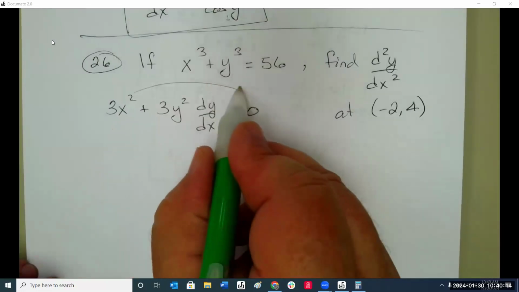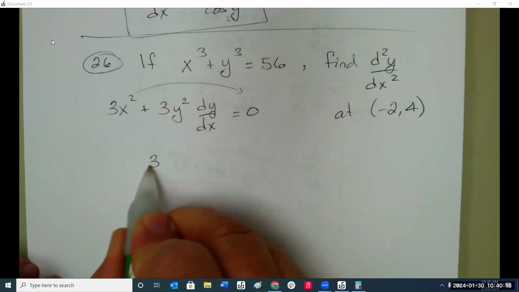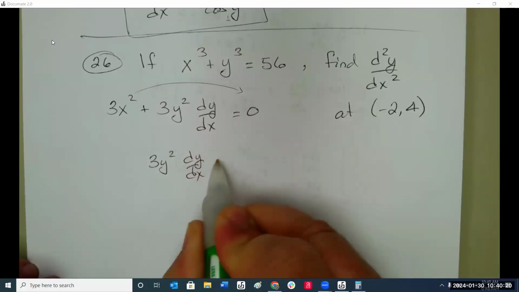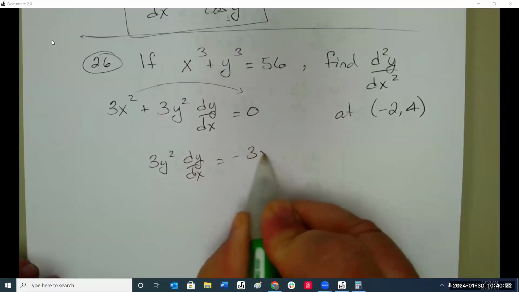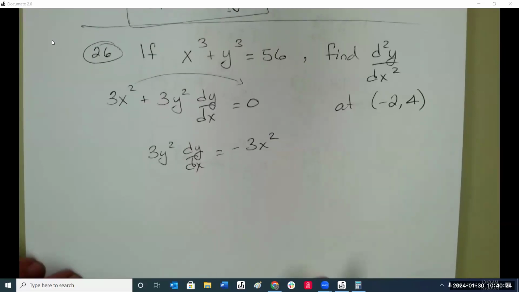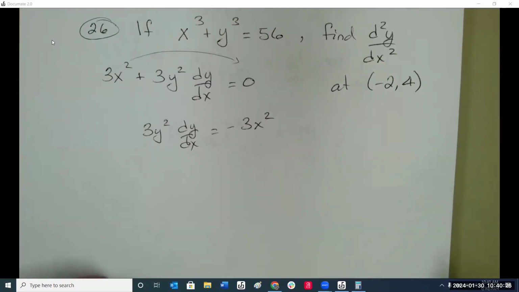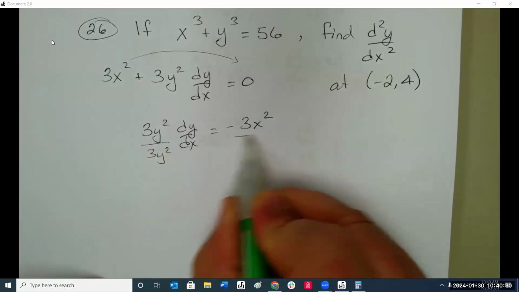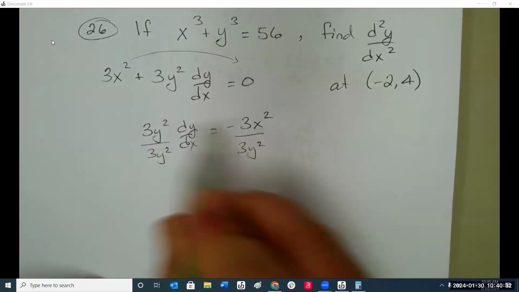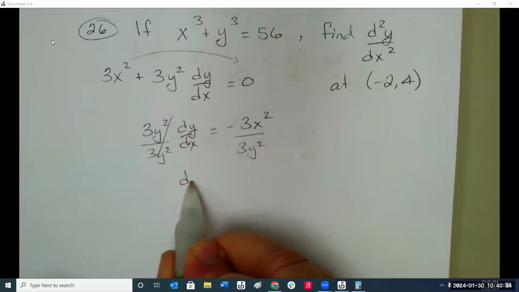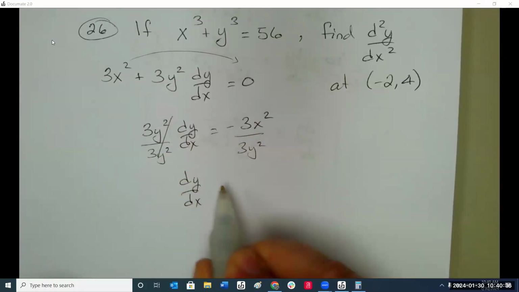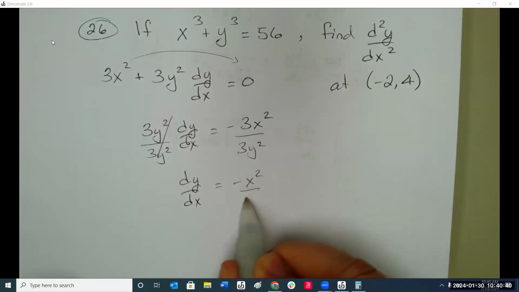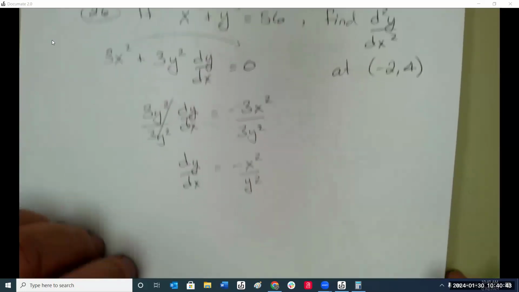Move that over there, so we have 3y squared dy/dx equals negative 3x squared. Divide by 3y squared. So dy/dx is equal to negative x squared over y squared.